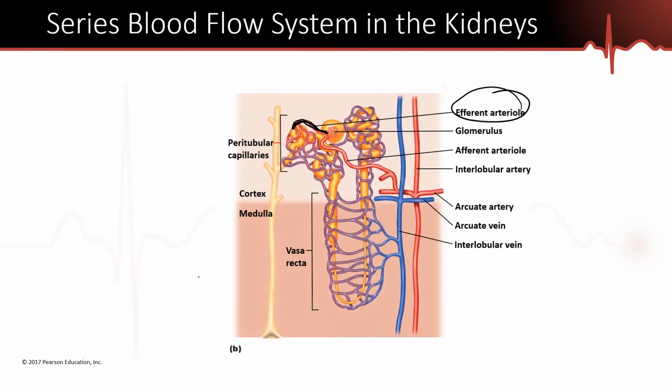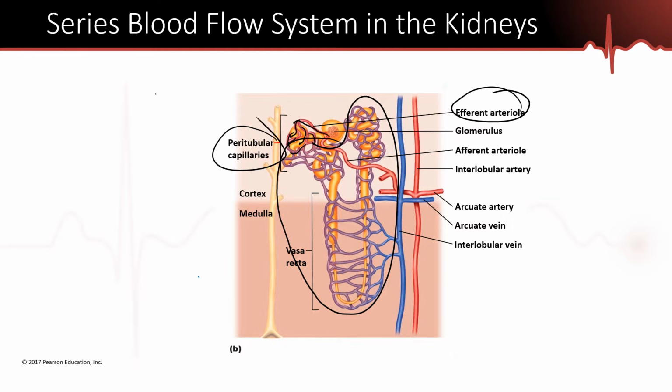Well, as the efferent arteriole leaves Bowman's capsule, you can see that it actually forms a capillary bed. And that capillary bed exists around the entire nephron. All of these capillaries are called the peritubular capillaries. The efferent arteriole creates the peritubular capillaries.